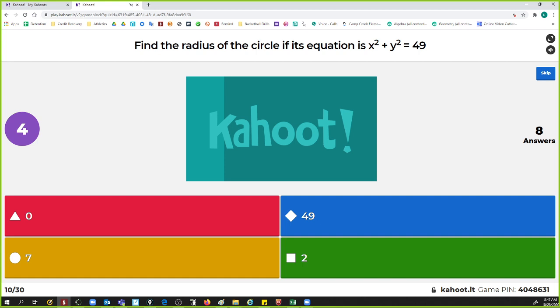Ooh, this should be a 90-second one. 60. Oof. Find the. All right. So they're giving you the center. Actually, yeah, I like 60. 60 is good for this one. The circumference is 16 pi.